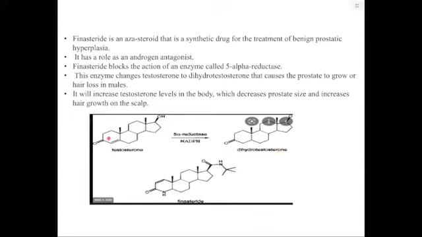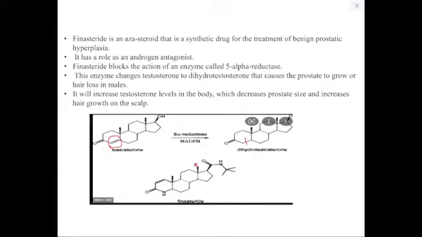Look at this double bond there. Remember, reduction also involves the addition of hydrogens, so it undergoes reduction there. So you can see this does not have the hydrogens there, catalyzed by the 5-alpha reductase enzyme, which is NADPH dependent. So that is dihydrotestosterone, and the enzyme is very, very important. The enzyme again is 5-alpha reductase.